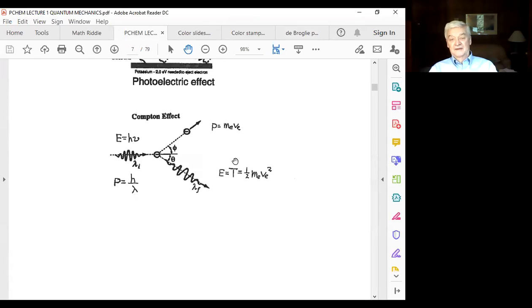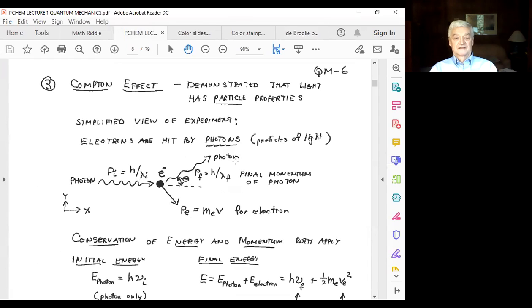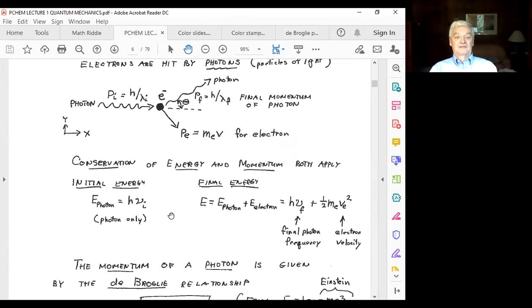Okay, so let's go back to looking at this. So this again is the same picture I had before. And notice here is our conservation of energy. We start off with energy h nu for the photon only. And the final energy is going to be h nu final, the energy of the photon, which has to lose energy.